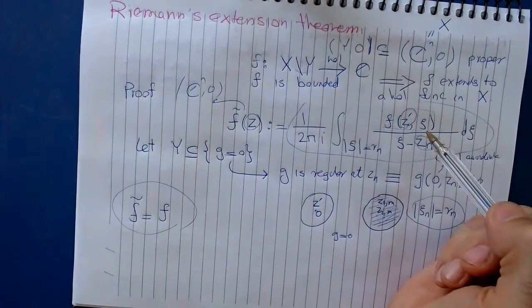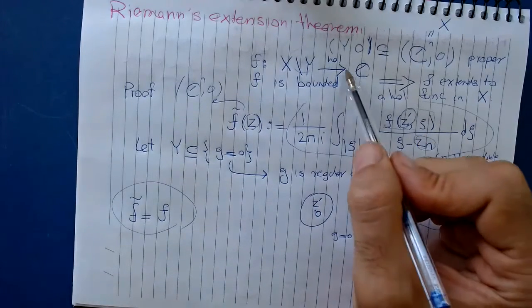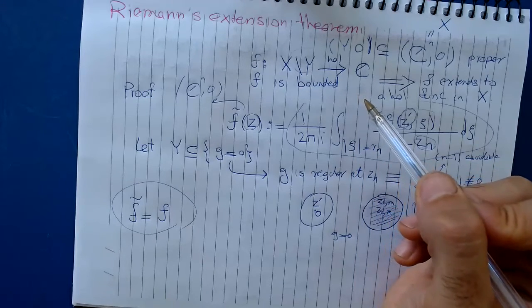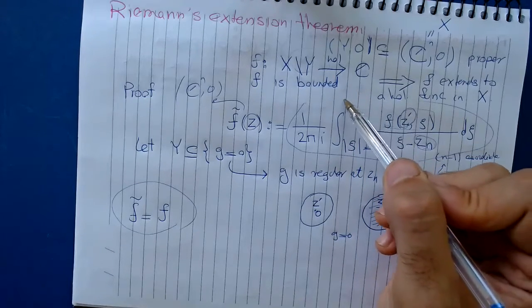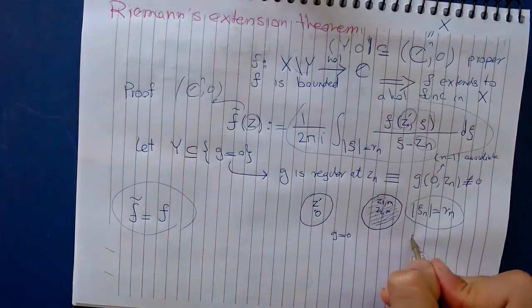So the main idea is to use the same theorem in the one variable case: if you have a holomorphic function outside a point, and bounded around that point, then it will be holomorphic at that point.